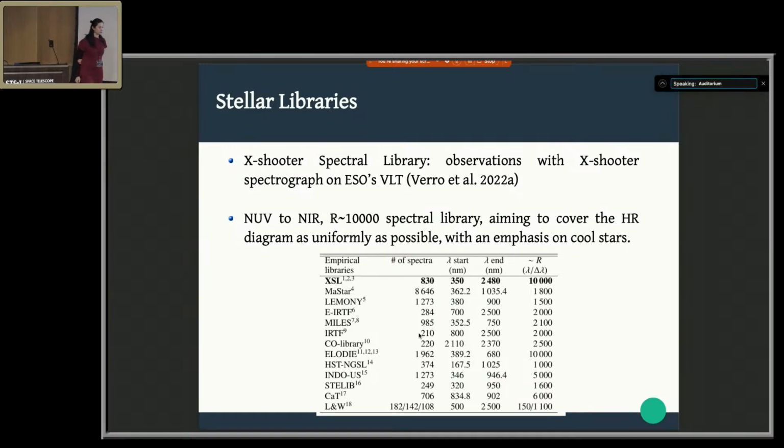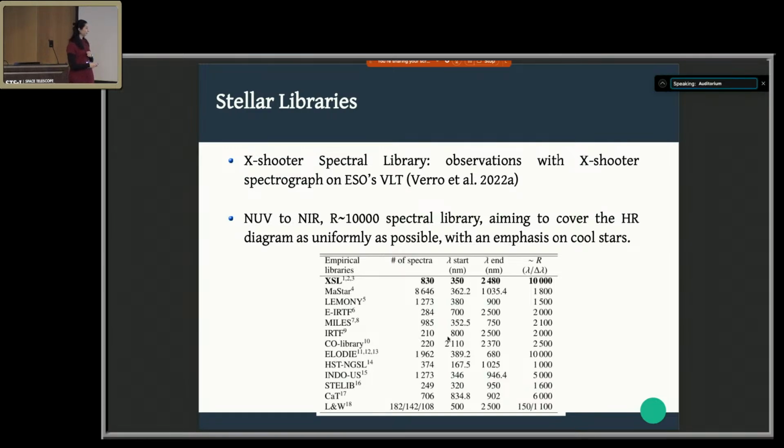And it represents a next step, both in the sense of coverage, because it's the largest coverage of the HR diagram, although they focused on the old stellar population, so low mass stars, but also in terms of spectral resolution and wavelength coverage.